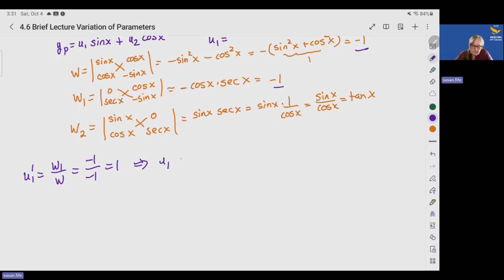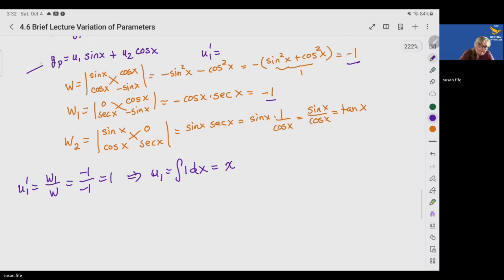So U1 is going to be what I get when I integrate 1 with respect to x. That gives me x. Because this is a particular solution, we don't need the constant of integration. So we'll just leave it as x. We're going to need that when we write out our particular solution. U1 is x, so I have x sine x.